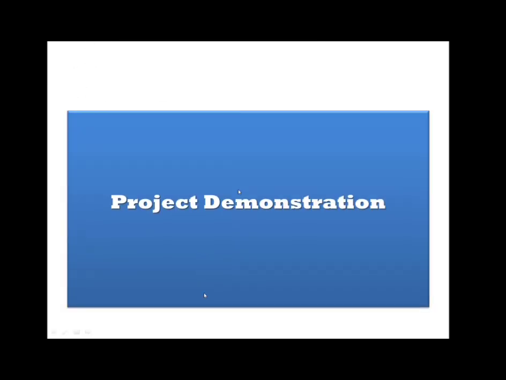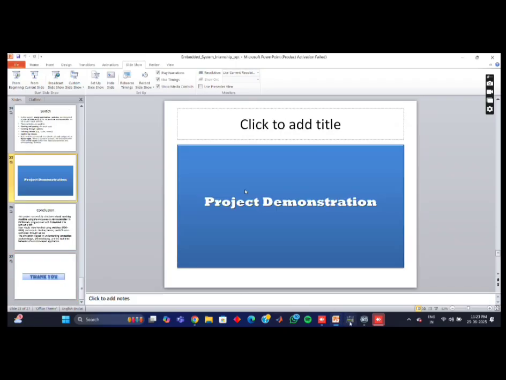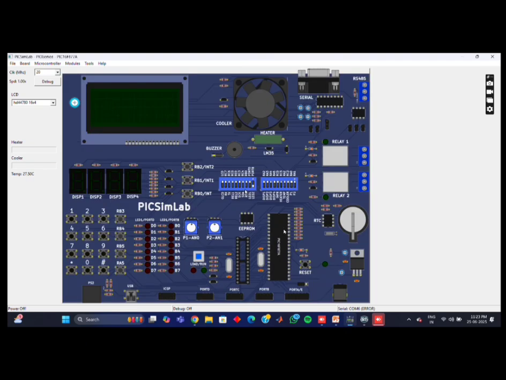Now let us go for a project demonstration. I'll be showing you now the working of the project. We have got the LCD screen over here. These are the digital keypad.